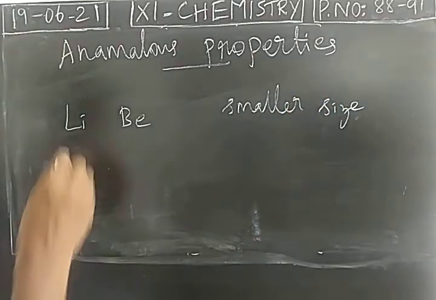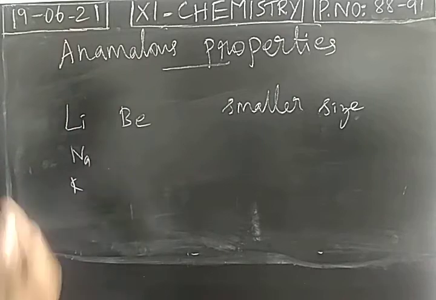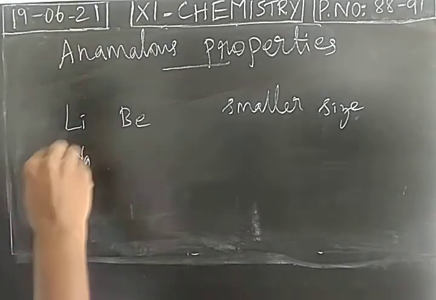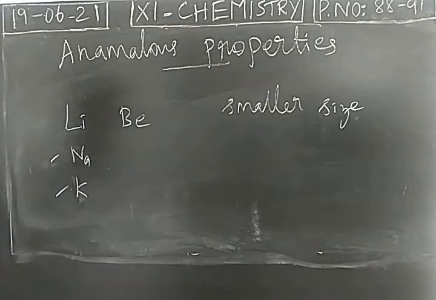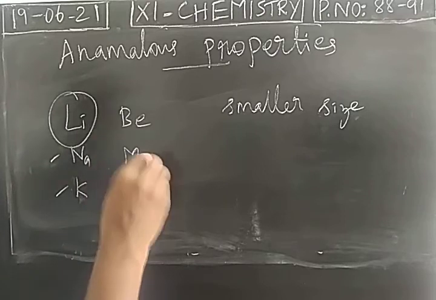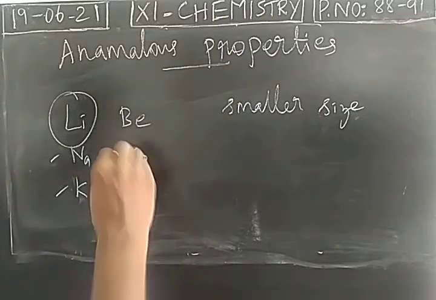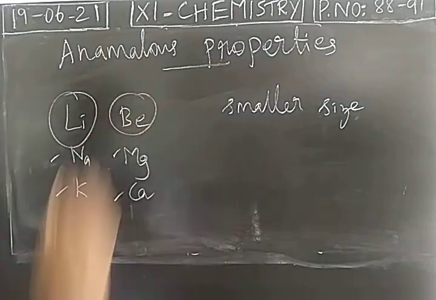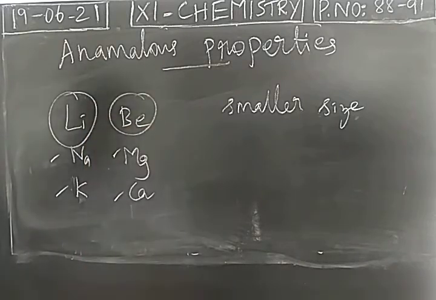When you take first group elements, lithium, sodium, potassium, rubidium, cesium, francium, all are alkali metals. Sodium and potassium form ionic compounds, but lithium forms covalent compounds. Among alkaline earth metals, magnesium and calcium form ionic compounds, but beryllium forms covalent compounds. So different properties are observed for second period elements. So they are called anomalous properties. This is mainly due to smaller size.